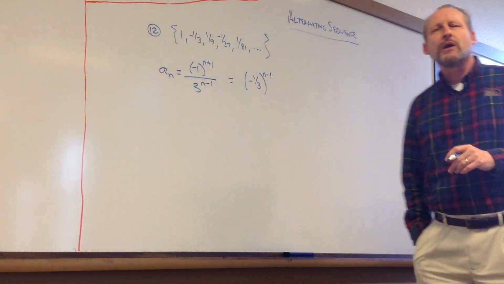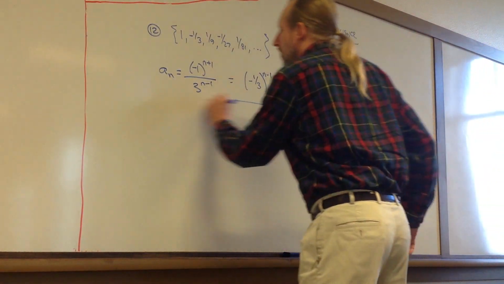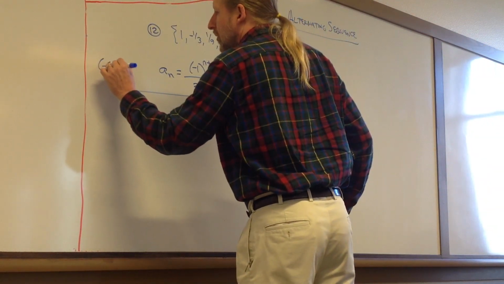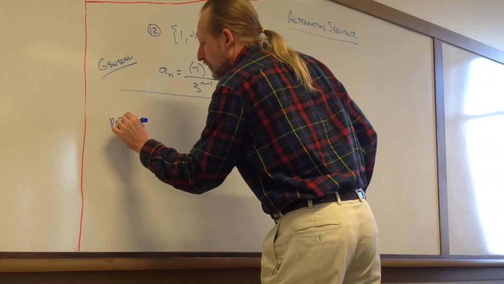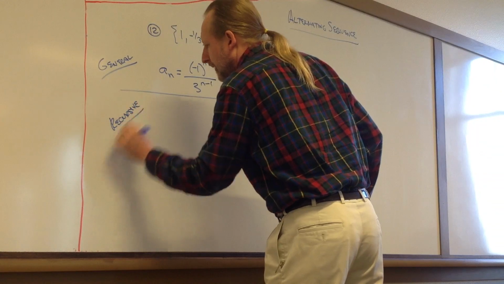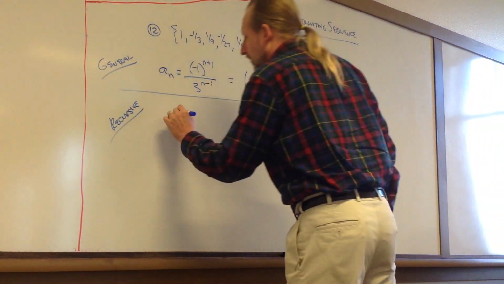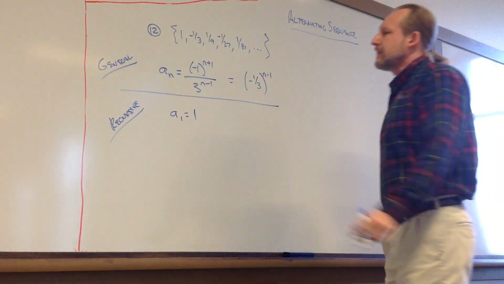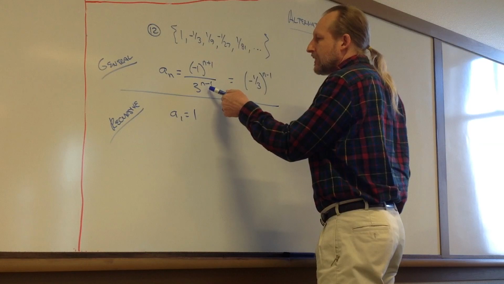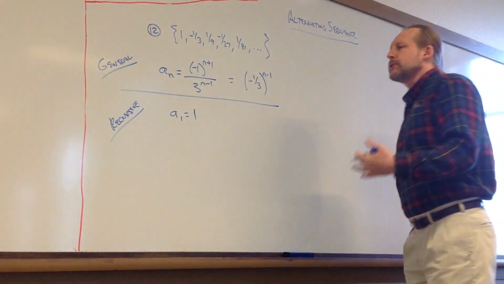Okay, now if we wanted to do a recursive definition for this, this was a general definition, and the recursive one, we would want to say a1 is equal to 1. Now something like this, where you've got an exponent happening, what that means is that you have a constant multiplier.